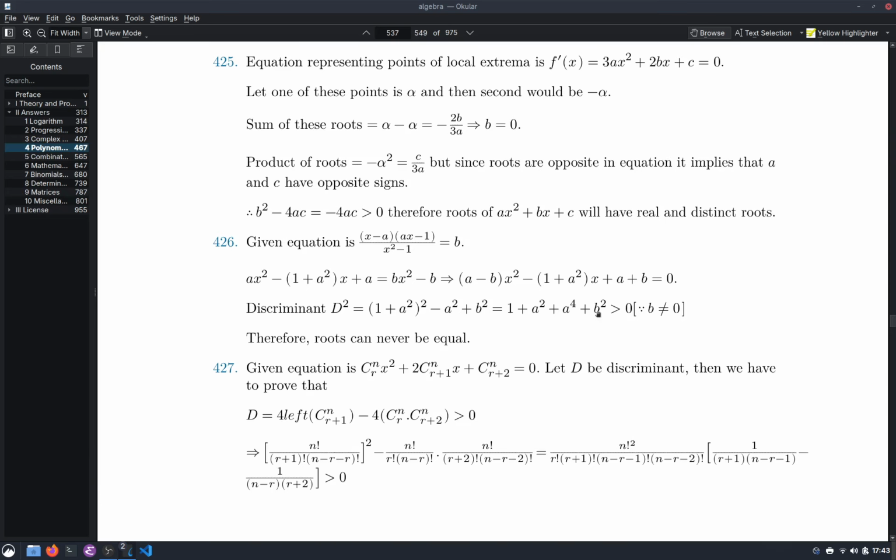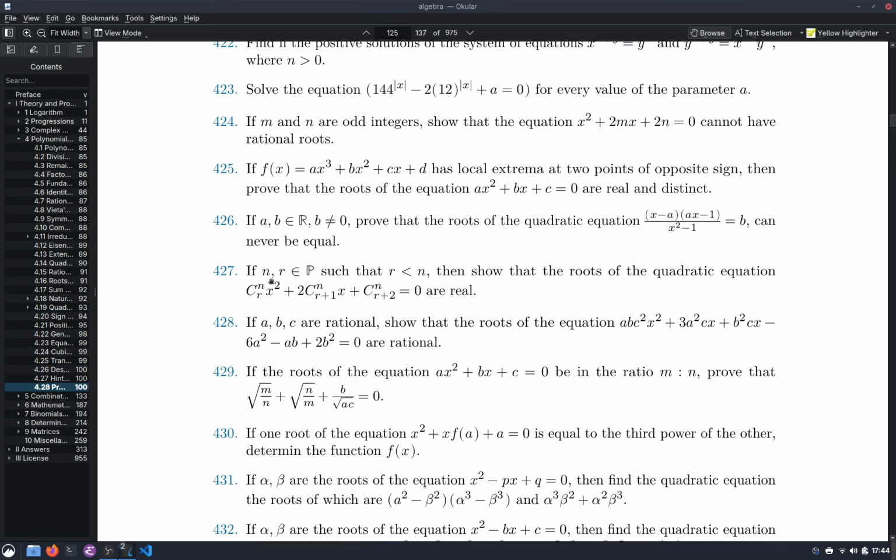Therefore, this entire thing, which is of the form of even powers and plus 1, will be greater than 0. It will not be less than 0 because b is not equal to 0. So all these terms, a square, a to the power 4, b square, will be positive because they are real numbers. And this one ensures that it is greater than 0. Therefore, roots can never be equal.